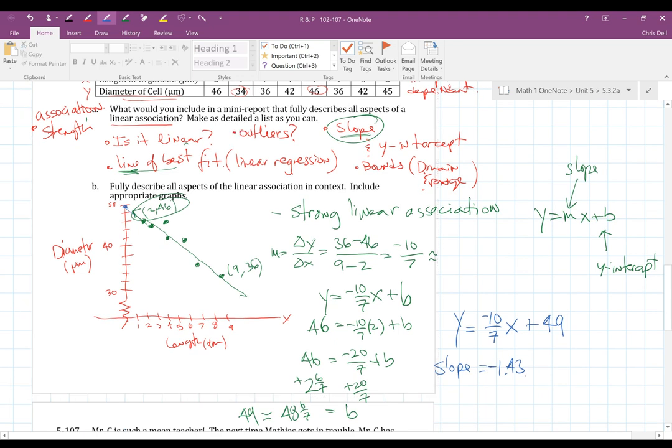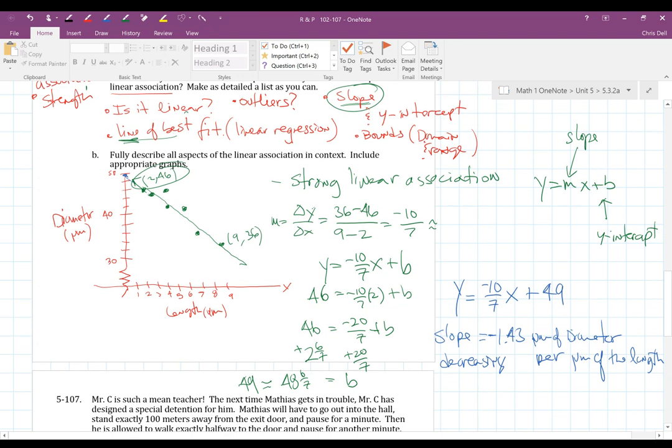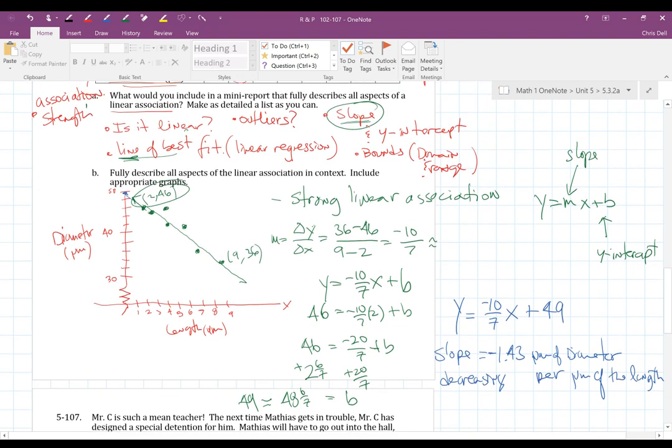It's negative 1.43 micrometers of diameter per micrometer of length. As the length increases, the diameter decreases. That's what the line of best fit tells me.